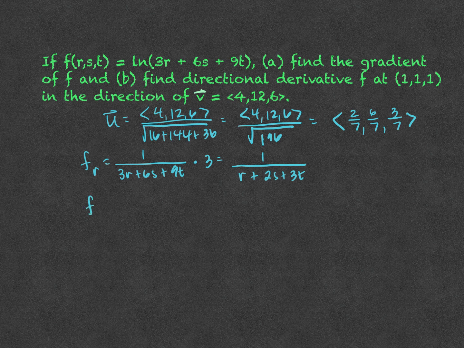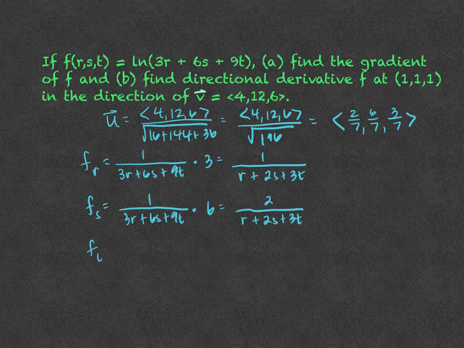Now we're going to do our partial derivative with respect to s. Again, the derivative of natural log of something is 1 over the something, times the derivative of the something with respect to s, which is 6. Now all of that is divisible by 3, so if I divide 6 by 3, I get 2. And on the bottom, I divide each of them by 3, and we get r plus 2s plus 3t.